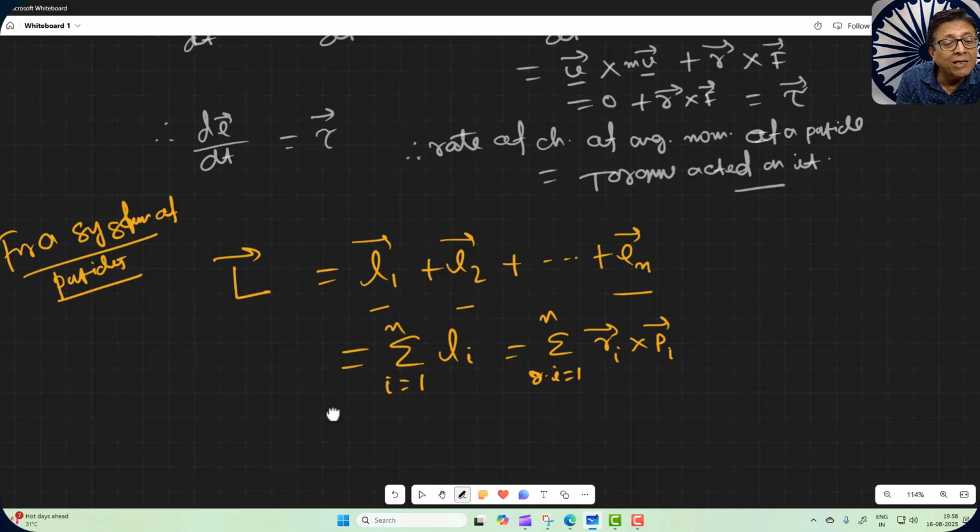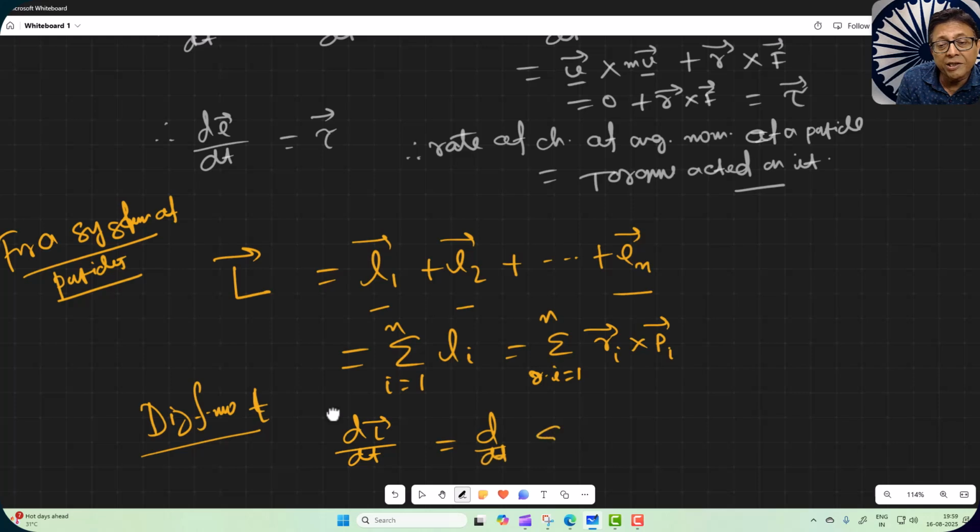If we find the rate of change of L, differentiating with respect to t, what do you get? dL by dt equal to d by dt of sigma i equal to 1 to n of Ri cross Pi.